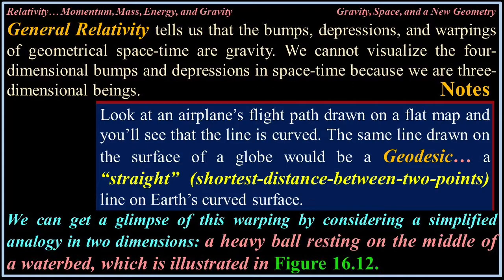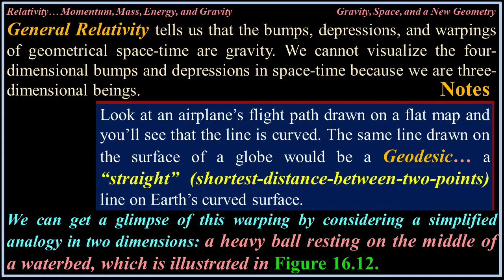General relativity tells us that the bumps, depressions, and warpings of geometrical space-time are gravity. We cannot visualize the four-dimensional bumps and depressions in space-time because we are three-dimensional beings. Look at an airplane's flight path drawn on a flat map, and you'll see that the line is curved.